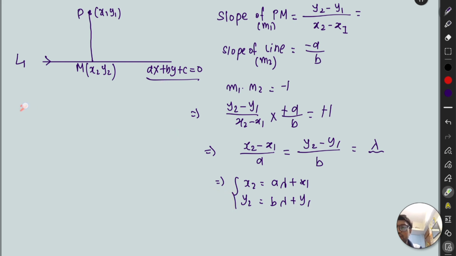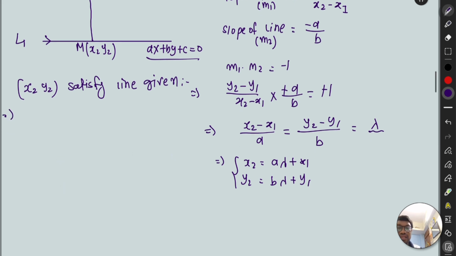Since x2, y2 satisfy the given line, we get a times (a lambda plus x1) plus b times (b lambda plus y1) plus c equal to 0.